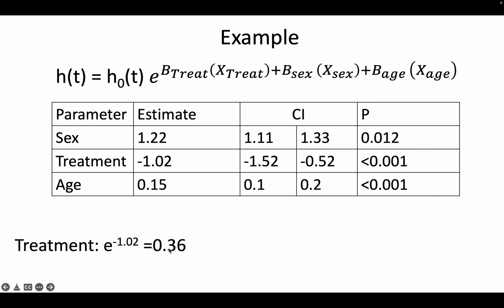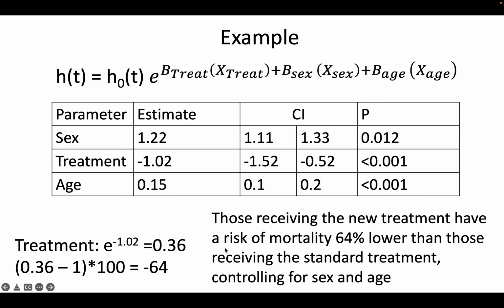Exponentiating treatment, we have 0.36, and interpretations when it's below 1 can be tricky, so the best thing to do is to express it as a percent change. So here we're able to figure out that those receiving treatment have a 64% lower risk of mortality than those receiving the standard treatment, controlling for sex and age.